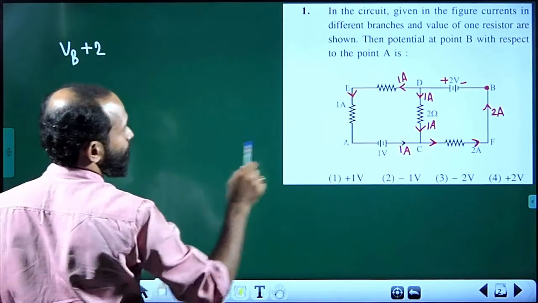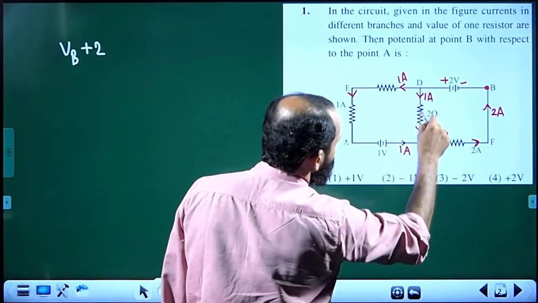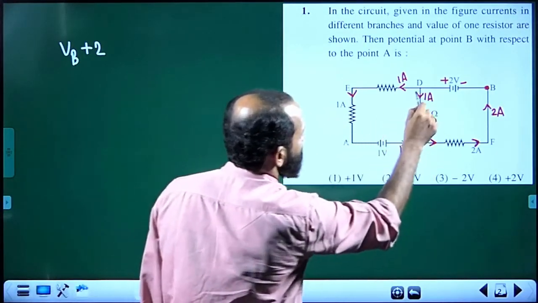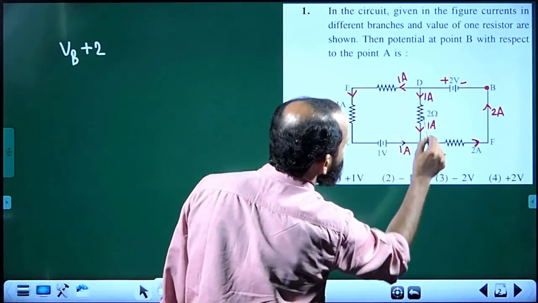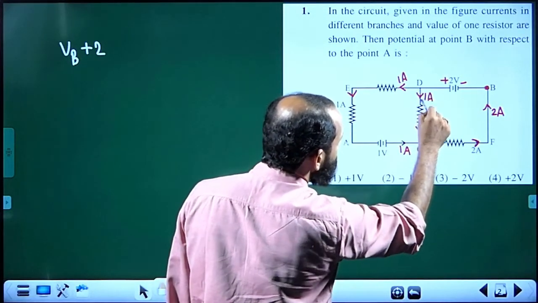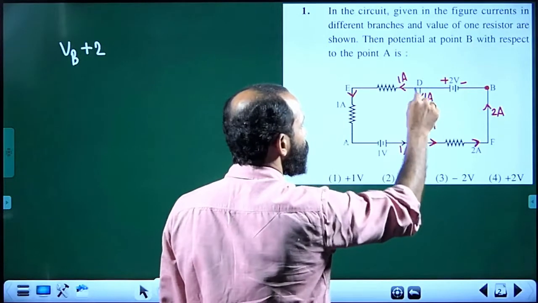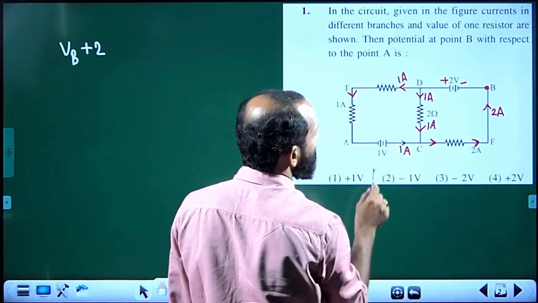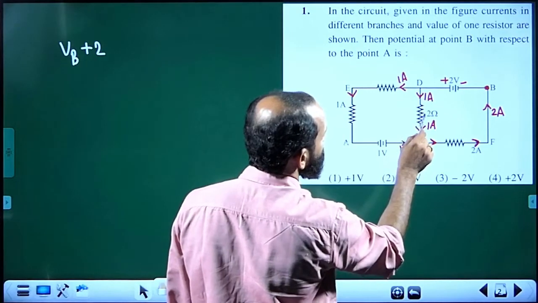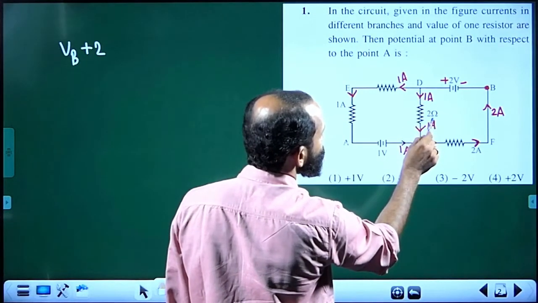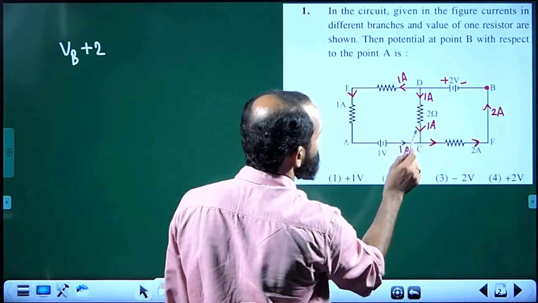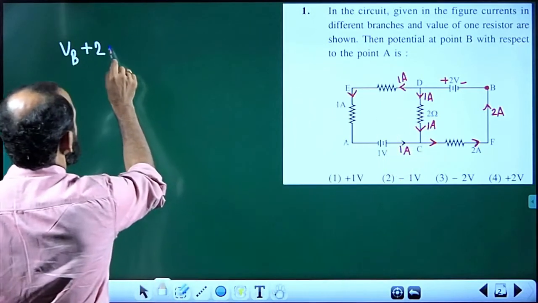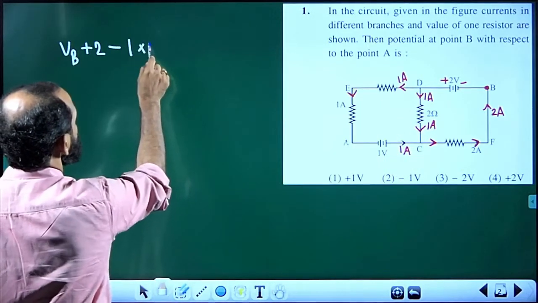Now, coming down to meet A, from D to C, there is a current of 1 ampere flowing down. We know along the current there is a potential drop. So, you choose minus sign there. The potential drop is 1 into 2 using Ohm's law, current into resistance, and that is minus 1 into 2.